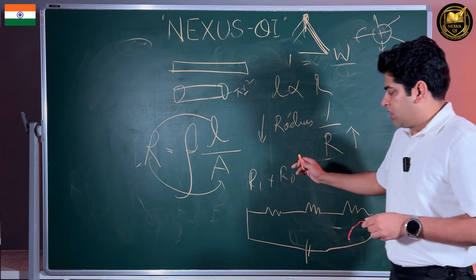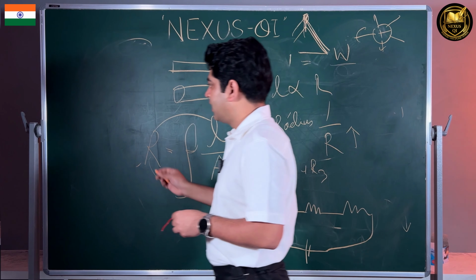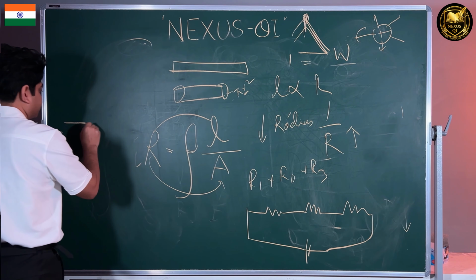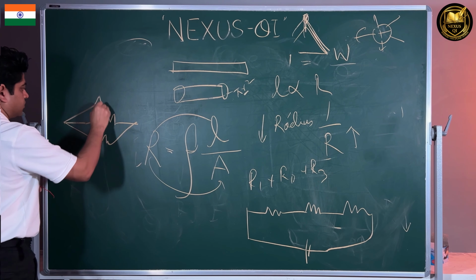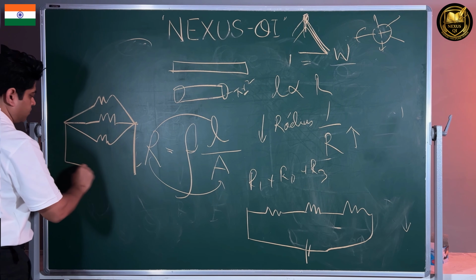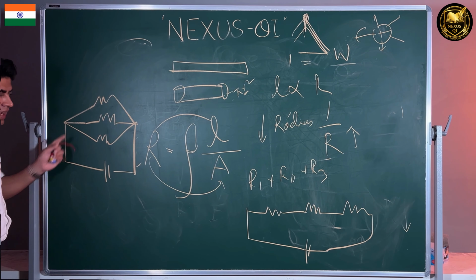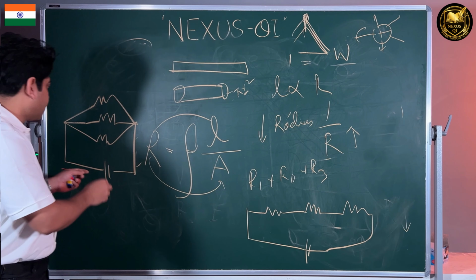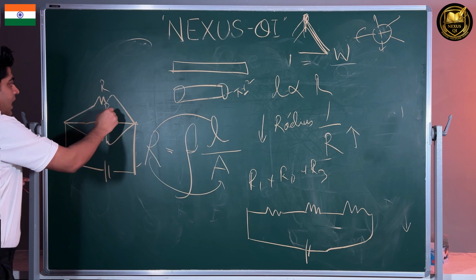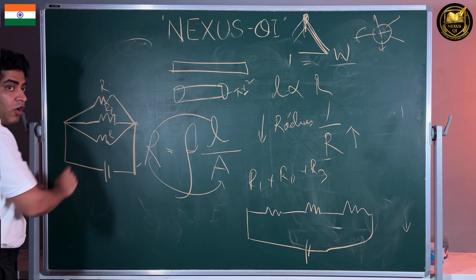But if resistances are placed in parallel, in this way we can't add them simply. For adding this, we have to take reciprocals. Suppose R1, R2 and R3. How are we going to add?